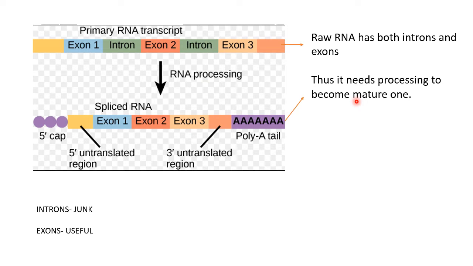So it needs processing to become a mature one. The primary RNA transcript is raw. After processing, it becomes a mature one, which is further used for translation. Introns are junk and exons are useful.